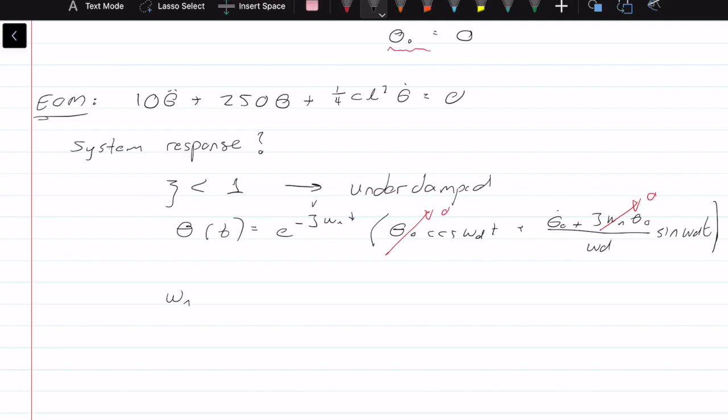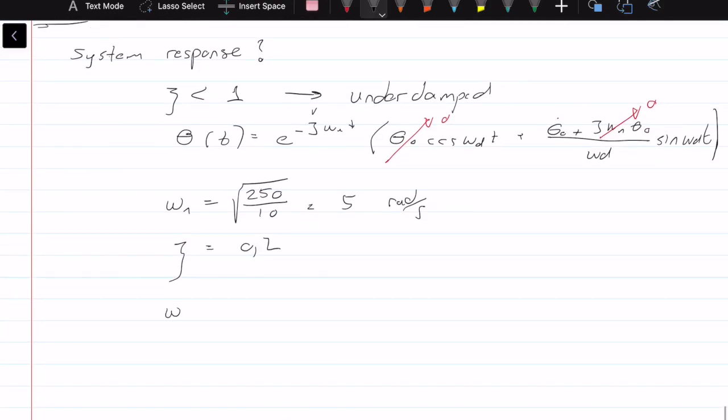So let's start with omega n, which is equal to the square root of k over m, which is 250 over 10, and this gives us a value of 5 radians per second. We know the value of C is equal to 0.2, and so we can get omega d equals omega n times the square root of 1 minus C squared, and that's going to be equal to... something wrong.